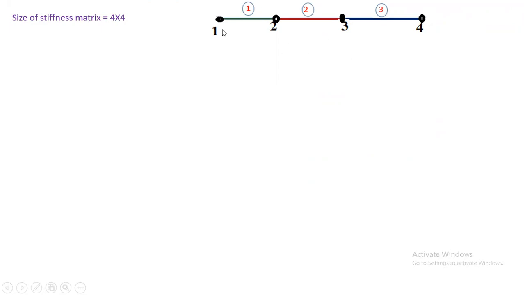Okay, here 1 2 3 4. That means we have 4 displacements, and those 4 displacements are 4 degrees of freedom. And according to our rule, size of the stiffness matrix is equal to the total number of degrees of freedom of the model. So stiffness matrix size is 4 by 4. Now how can we assemble that?